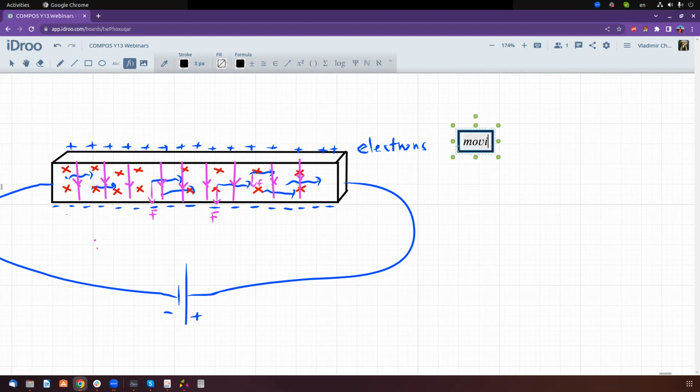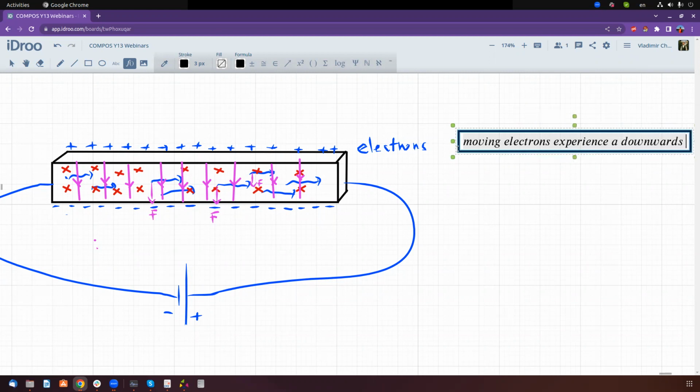Moving electrons experience a downwards force, F equals QVB.